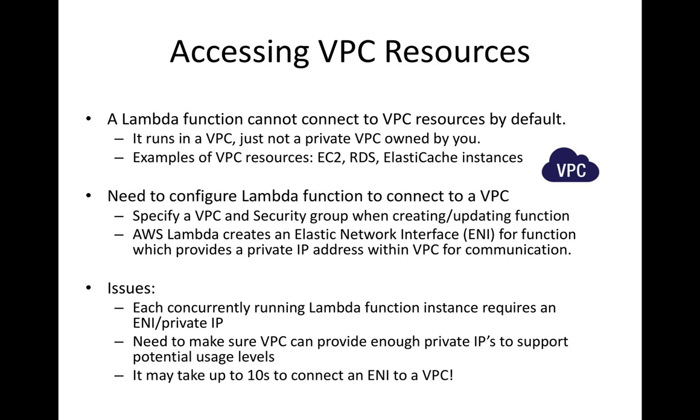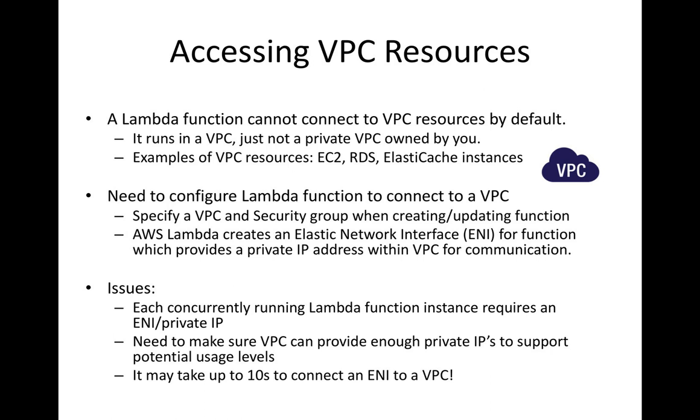And each one of those Lambda invocations requires a private IP address. You need to make sure that you have enough private IP address space available within your VPC. Otherwise, your Lambdas could use up all the IP addresses that are available, and that could potentially throttle the future invocations of the Lambda function.